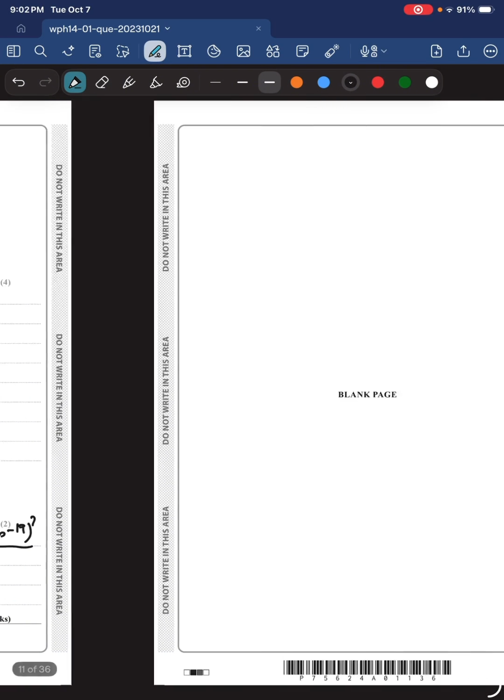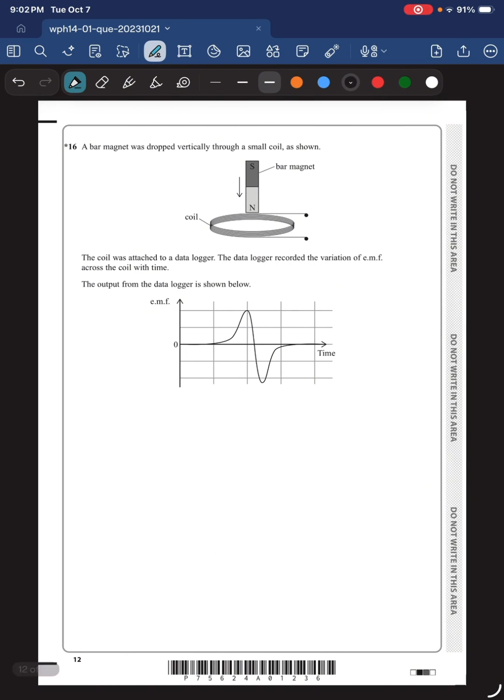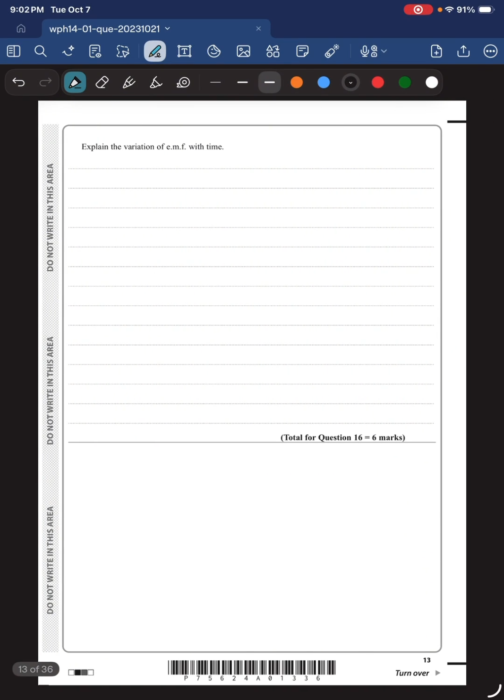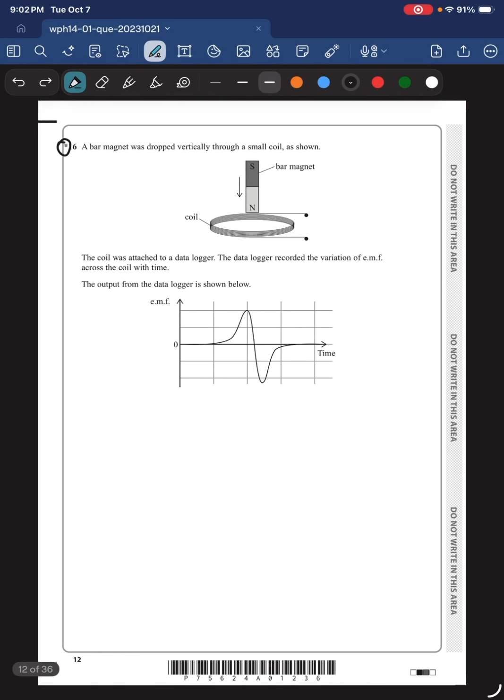Now, let's move to the next question. This is a long writing problem due to the asterisk, and usually these problems are 6 marks. A bar magnet was dropped vertically through a small coil as shown.